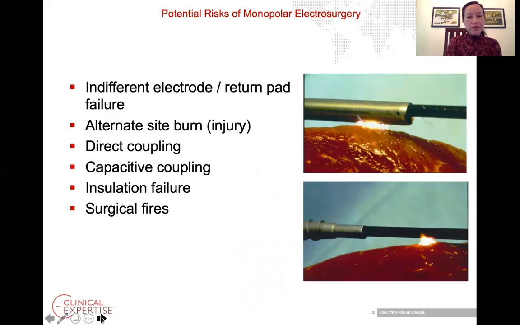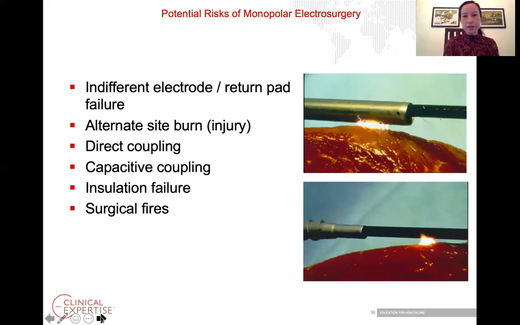While technological advancements have greatly reduced the risks of electrosurgery, the potential for complications is still present. Return pad failure occurs if the return electrode is not in full contact with the patient's skin, and a burn may occur at the site of the return electrode. In alternate site burns, a ground reference system, which then has a metal object making accidental contact with the patient, may cause the electrical current to exit the body.